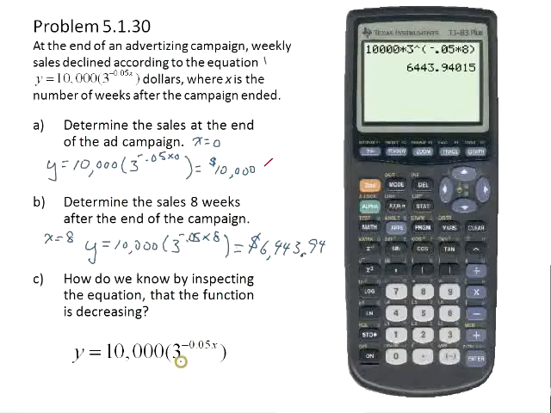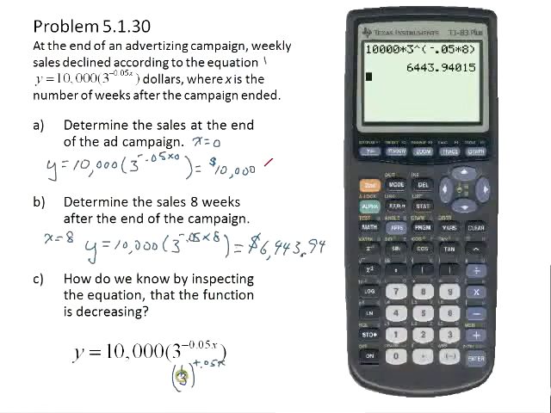Since this is a negative exponent, this is going to be decreasing, because this would be equivalent to taking 1/3 raised to the positive 0.05x. So these two would be equivalent.